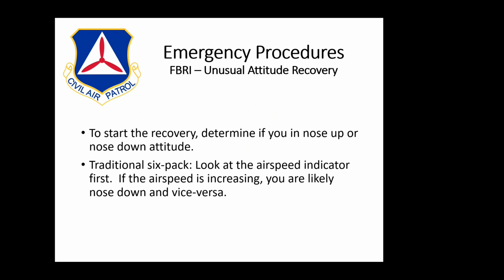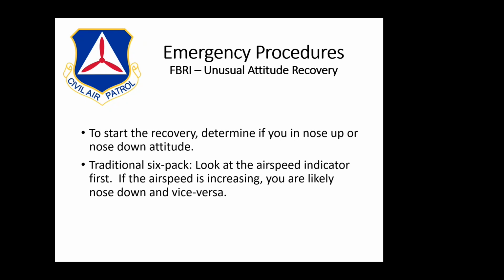In the traditional six-pack, your first job is to look at the airspeed indicator. Of course, this does depend on the aircraft, because you might have electronic instruments. The reason behind this is that the mechanical AIs, depending on exactly what design they have, might tumble if the attitude is a little too exciting. But your airspeed indicator will remain reliable.